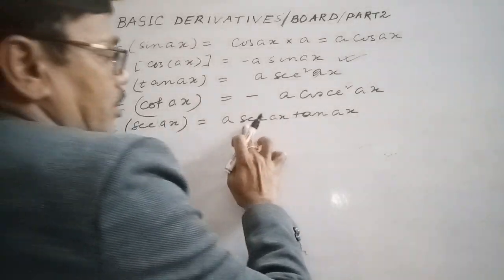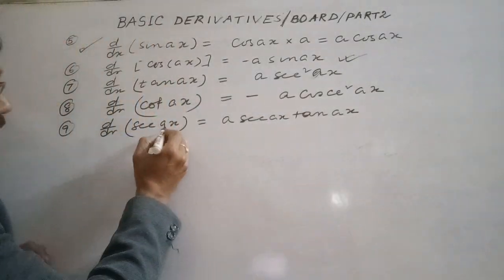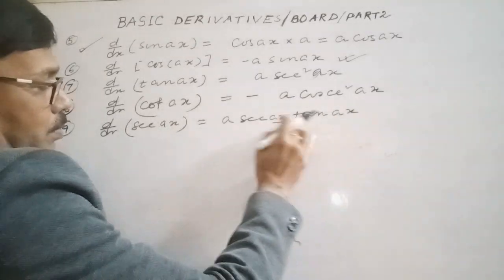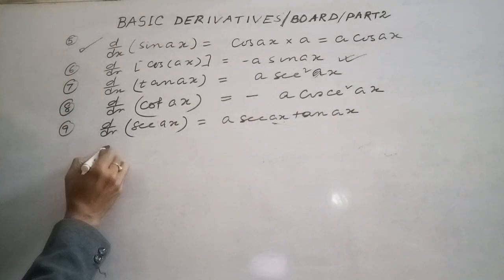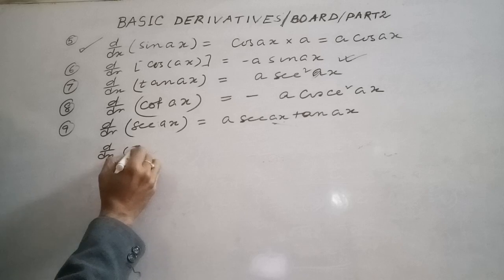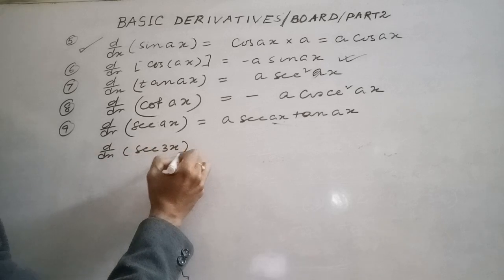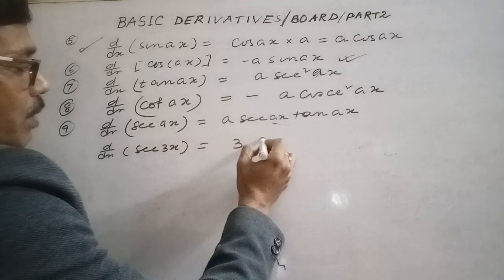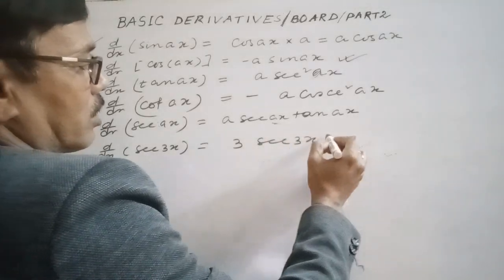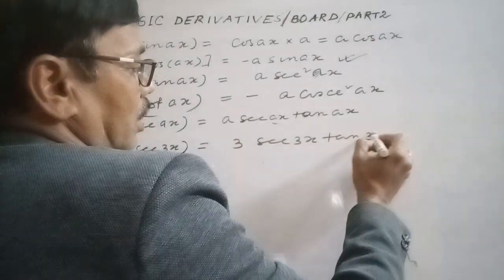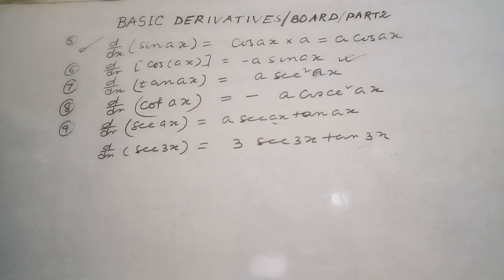These two arguments must be the same. So d/dx of sec 3x: the derivative is positive, 3 sec 3x tan 3x, where 3 is the coefficient of x.